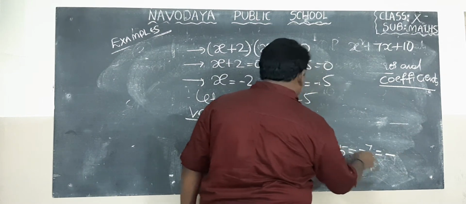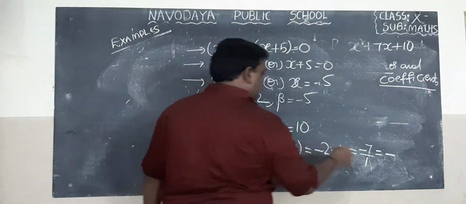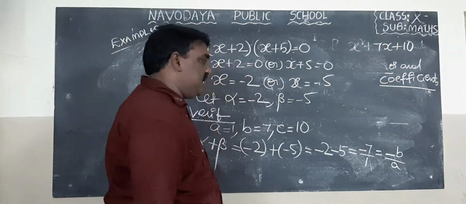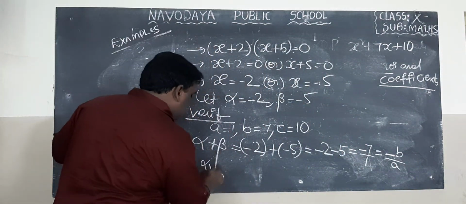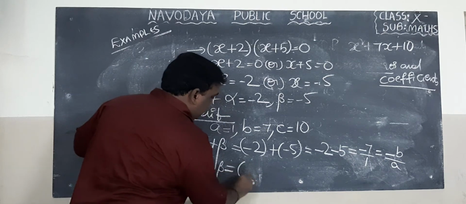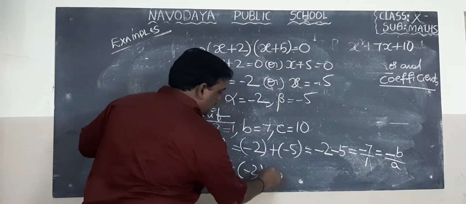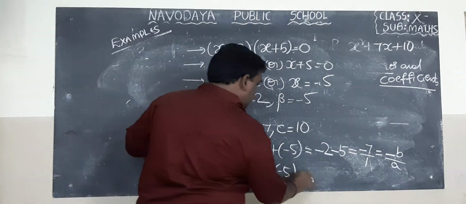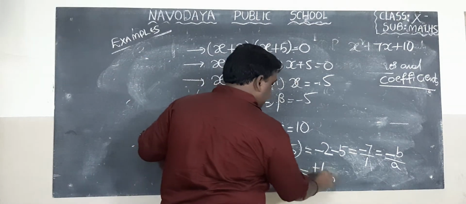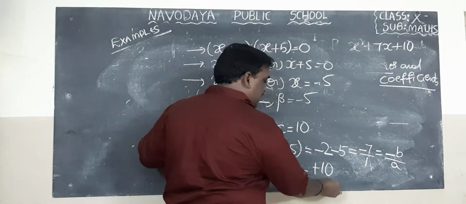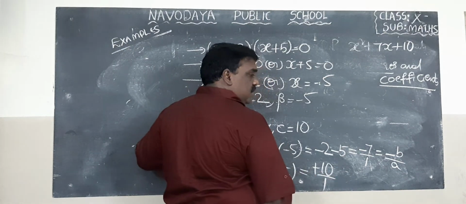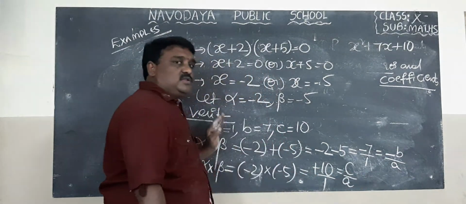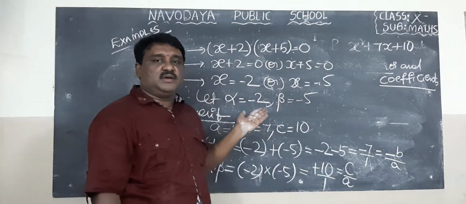What is 7? 7 is nothing but b. 1 is nothing but a. So minus b by a. Alpha into beta: what is alpha? Minus 2, into beta, minus 5. Minus into minus is plus, 2 fives are 10. How to write 10? 10 by 1. What is 10? c. What is 1? a. So this is the relation between zeros and coefficients.